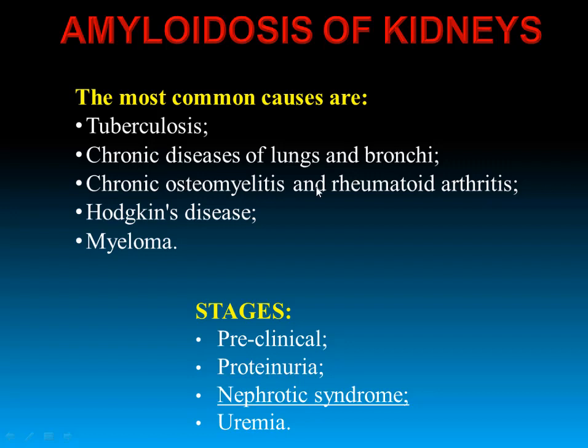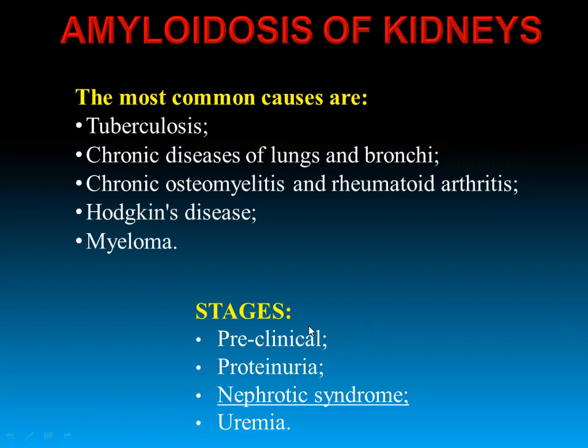Also, amyloidosis is caused by systemic diseases of connective tissue like rheumatoid arthritis, systemic lupus erythematosus, sometimes rheumatic fever. Hodgkin disease, myeloma, hemoblastosis, lymphoma, and leukemia are also possible reasons for amyloidosis.